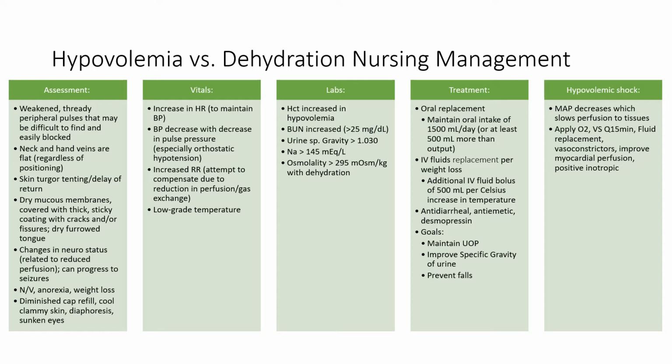Treatment, these clients will need to replace their fluids. First, we're going to start with oral replacement therapy. So asking them in education about maintaining an oral intake of at least 1.5 milliliters a day, or at least 500 milliliters more than their output. So we have already assessed them, we acknowledge and diagnose and tell them that you probably have some fluid volume deficit.